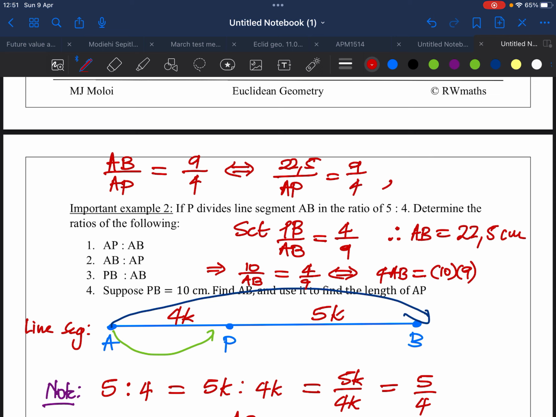Now we need to cross multiply. So our AP, if you cross multiply and divide, sorry, you'll say 22,5 times 4, and you say 9 times AP.